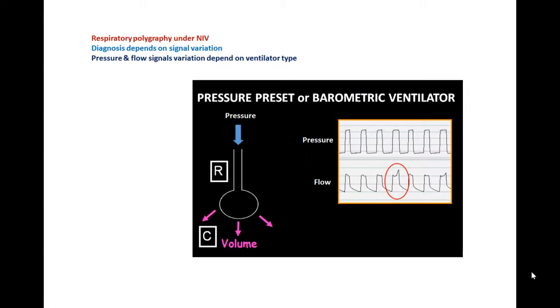As you know, the lower respiratory system is characterized by physical properties such as lung compliance and pulmonary resistance. In the case of non-invasive ventilation with a pressure-preset ventilator, the pressure, which is constant, inflates the lungs, but the amount of gas inflated, or volume, depends on the interaction between pressure and the physical features of the lungs.